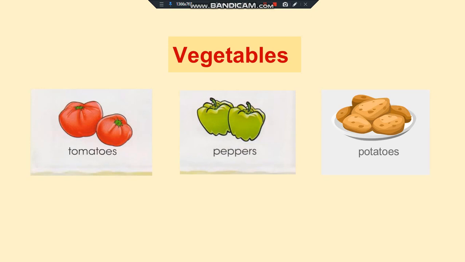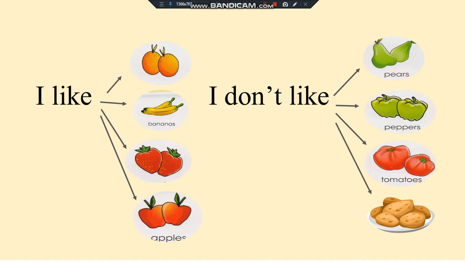Now you know fruit and vegetables. Let's make sentences with fruit and vegetables. Let's say I like and I don't like. Look at the pictures and make sentences. I like oranges.